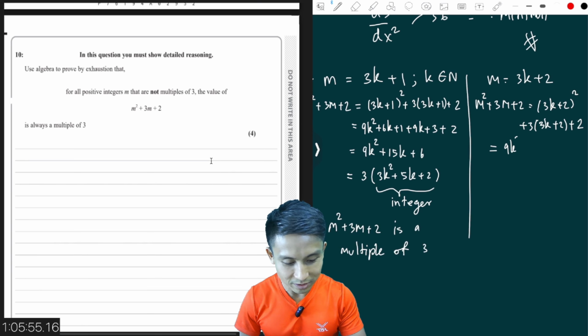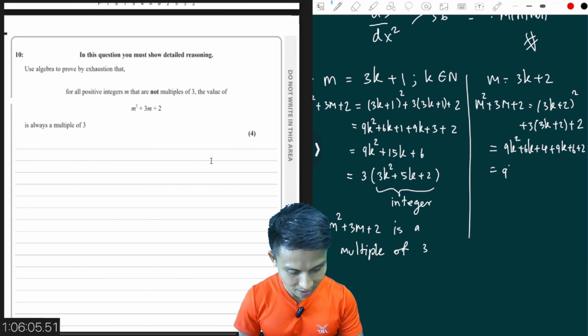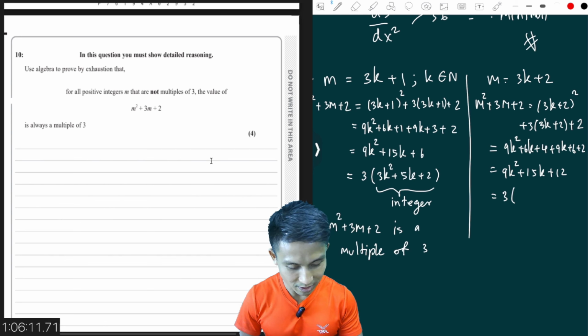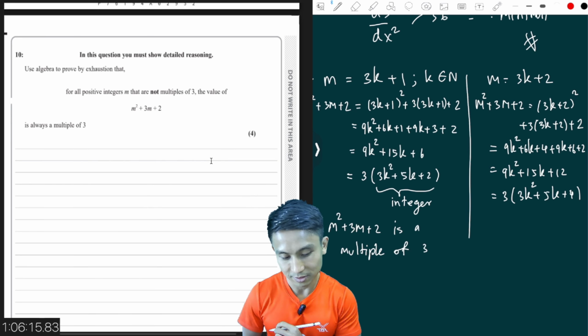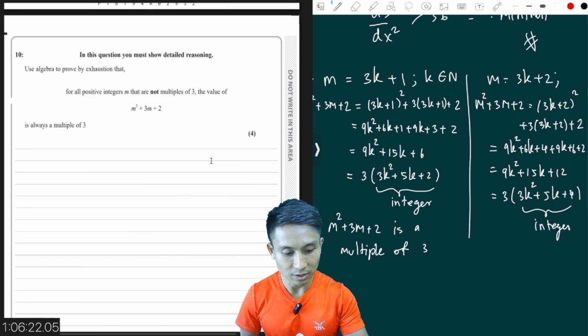So 9k squared plus 6k plus 4 now for this one, plus 9k plus 6 plus 2, right? So that would be 9k squared plus 15k again, but this time plus 12. So that is just 3 outside, 3k squared plus 5k plus 4, right? And this is again an integer, because we would have k as a natural number there.